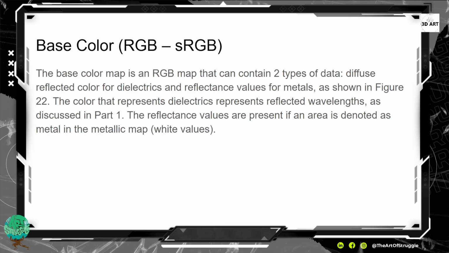The base color map is an RGB map that can contain two types of data. Diffuse reflected color. Remember, when light hits an object, it's going to hit it with every single color available. And the reflected color back, think of that apple that I showed.